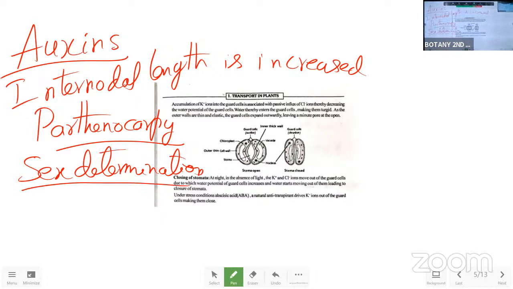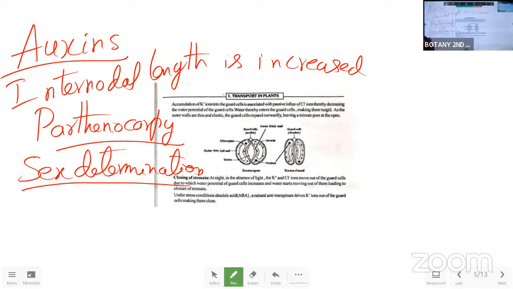Okay, this is also with the auxins. And the next one: auxins can be used in the biotech labs, in tissue culture.